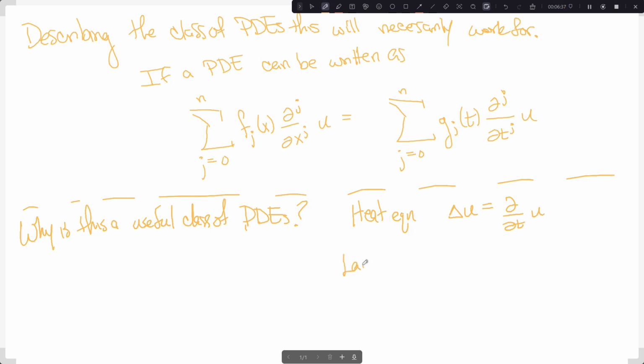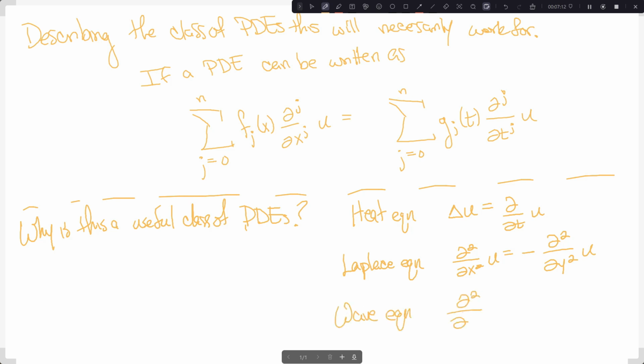The Laplace equation, I'm going to rewrite it now as partial squared partial x squared u equals negative partial squared partial y squared u. Okay, well, I've replaced t with y in that case, but still, the two variables that I care about, all of them can be separated to the left for x, and all of them can be separated to the right for y.